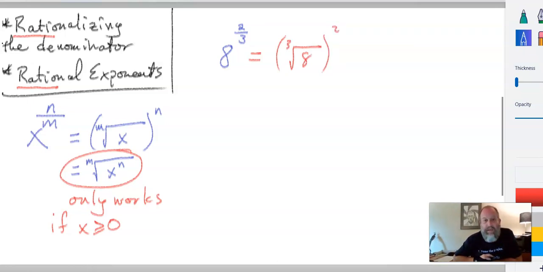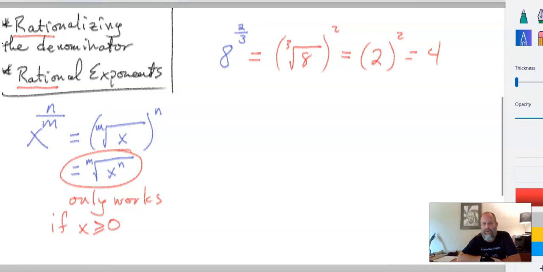Well, the cube root of 8 is what times itself 3 times will give me 8. And so that answer is 2, right? The cube root of 8 is 2, so now this is 2 squared, and so my answer is 4. So 8 to the 2/3 power is 4.